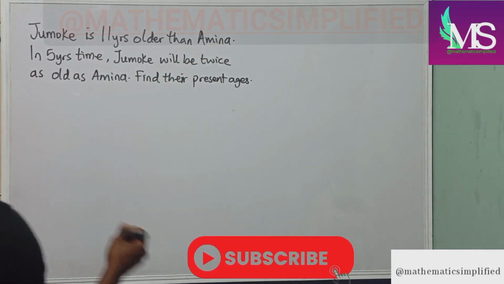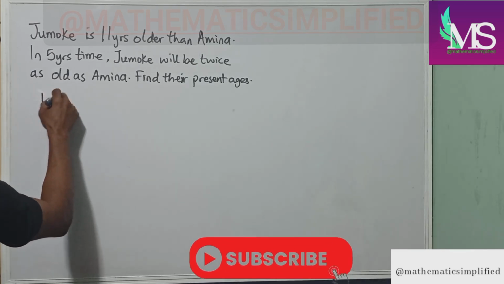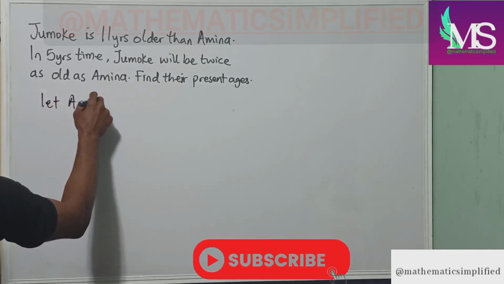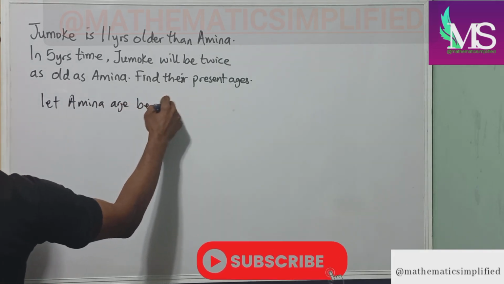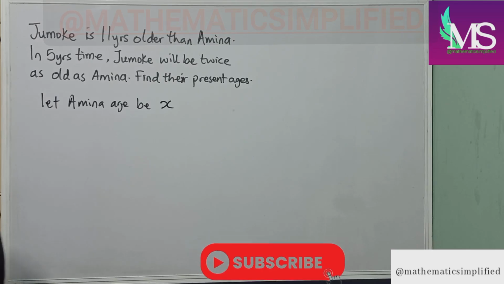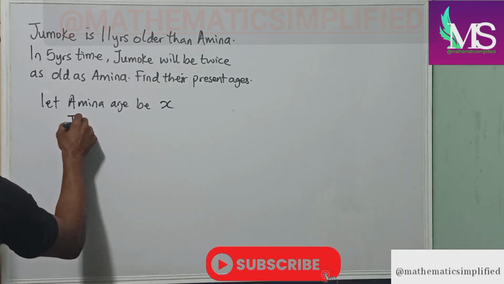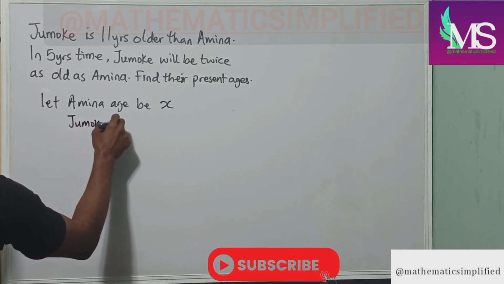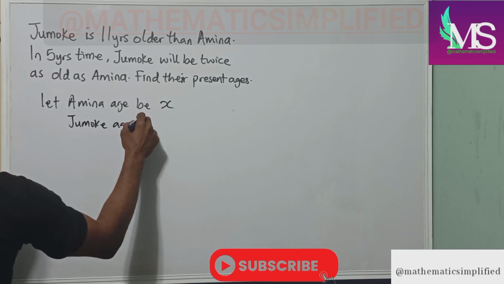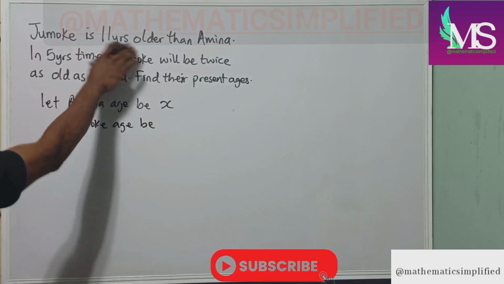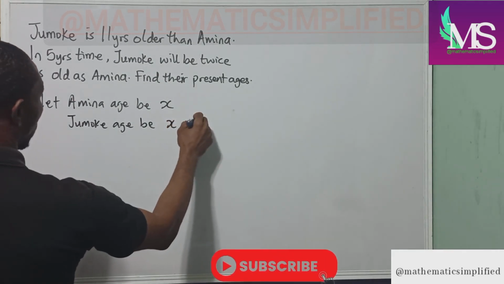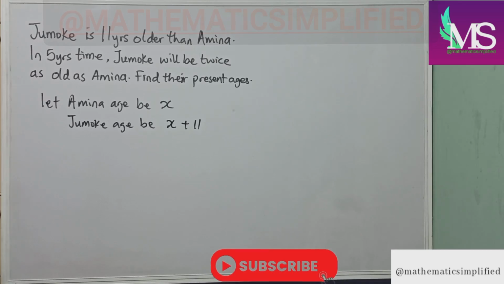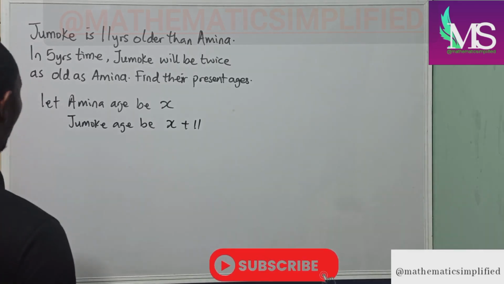So let's start with, let Amina's age be x. Okay, so if Amina's age is x, since Jumoke is 11 years older than Amina, Jumoke's age will be x plus 11.